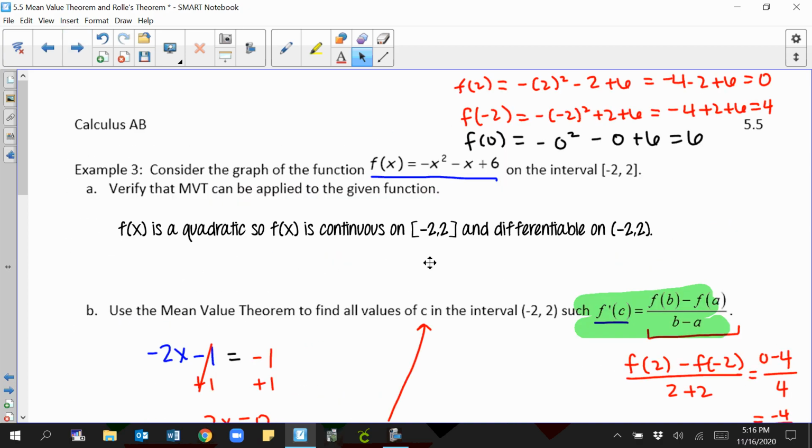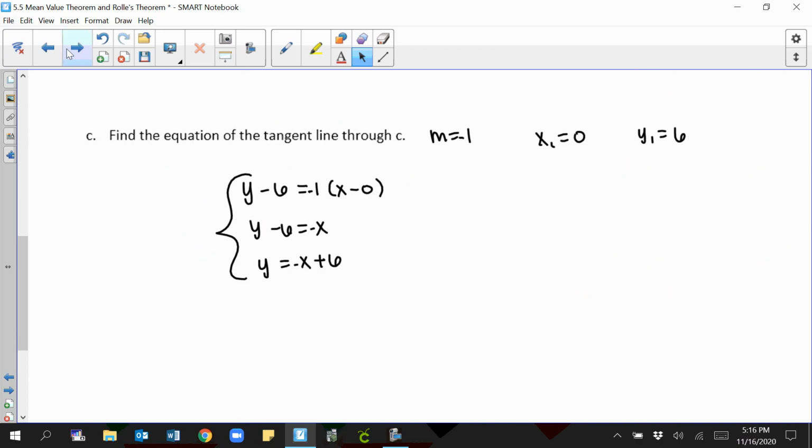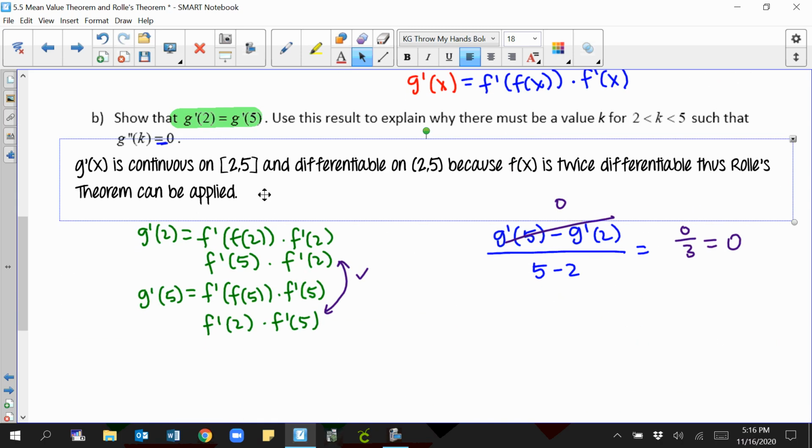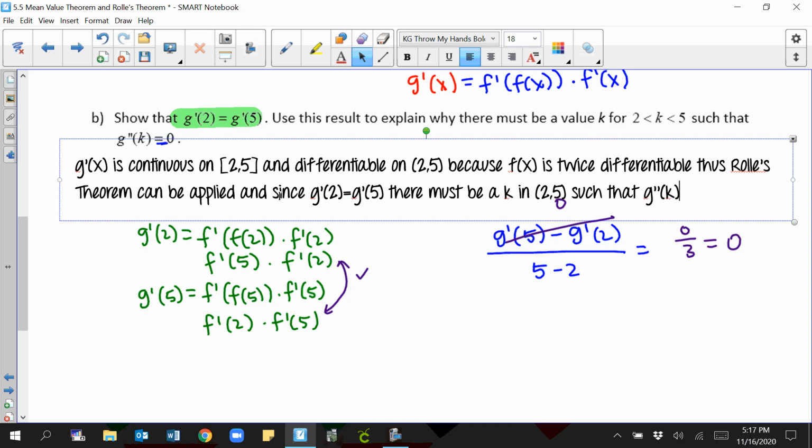So I can say that Rolle's theorem can be applied, and since g prime of 2 equals g prime of 5, there must be a k in our open interval 2 to 5, such that, and we're talking about g prime, so it would be g double prime of k equals 0.